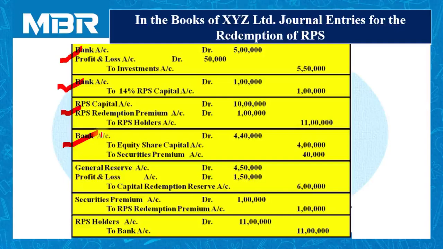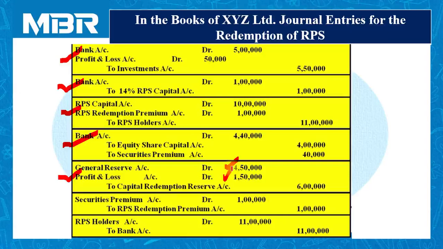securities premium account 40,000. Then for the remaining amount of 6 lakhs, we have created a special reserve that is known as capital redemption reserve, CRR. For the purpose of creation of CRR, we have transferred rupees 4 lakhs 50,000 from general reserve account and rupees 1,50,000 from profit and loss account.